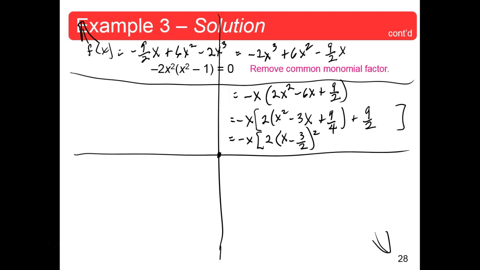You've got a 2 times 9/4, which is 18/4. Goodness gracious, this new math is getting to me. 18/4 is the same as 9/2.